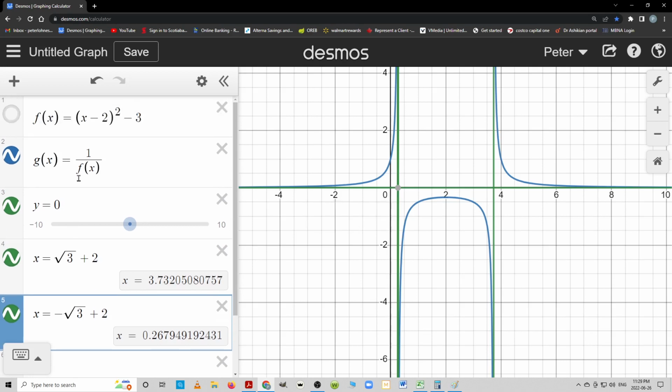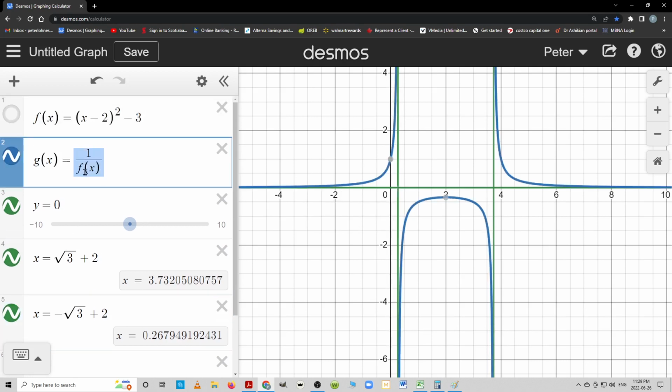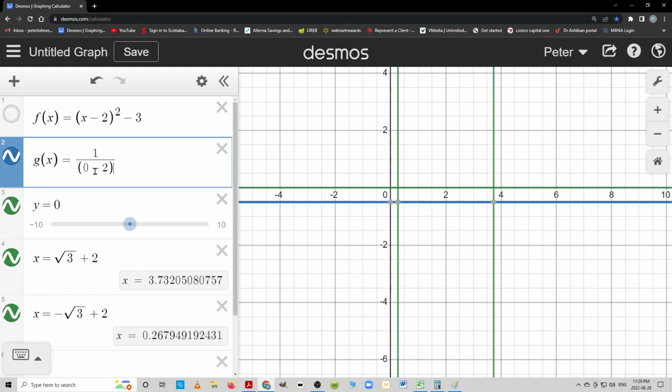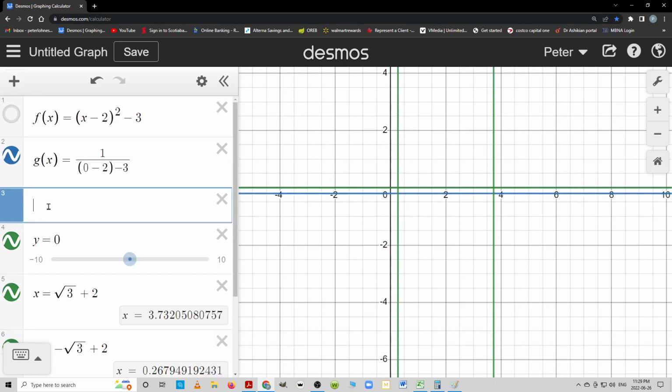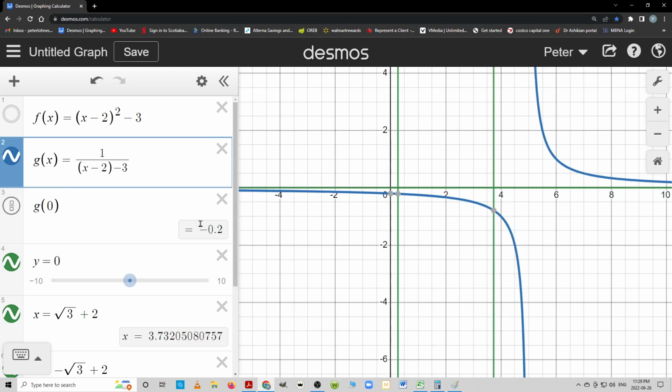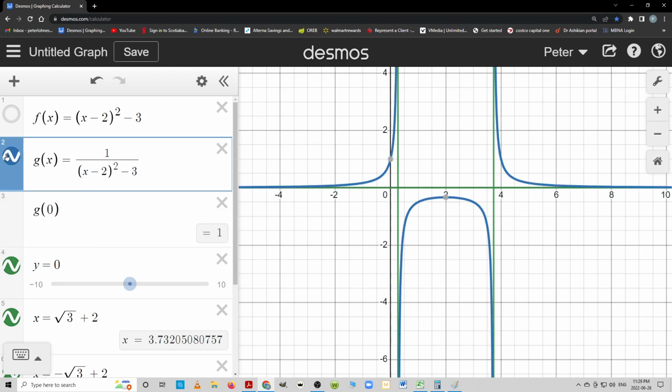So if we take 0 and put it in here, and we just find g of 0, we discover it's positive, which makes sense.